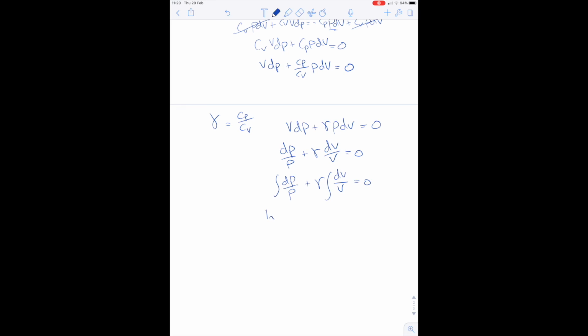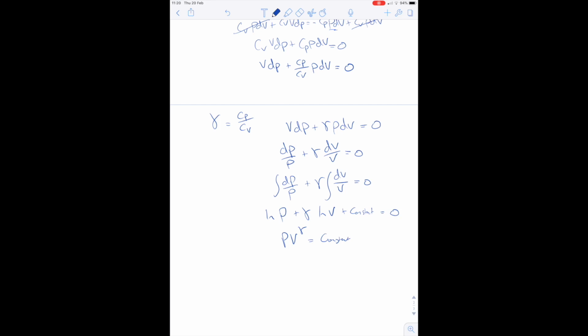So we get ln of the pressure plus gamma ln of the volume plus some constant equals 0. Okay, so by our laws of logs, it's pretty straightforward to see that PV to the power of gamma equals a constant term.